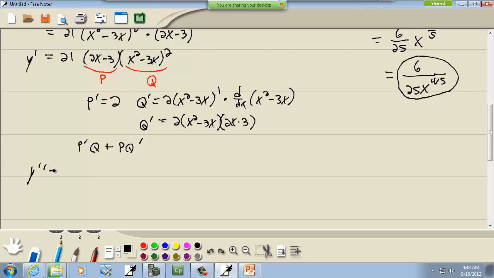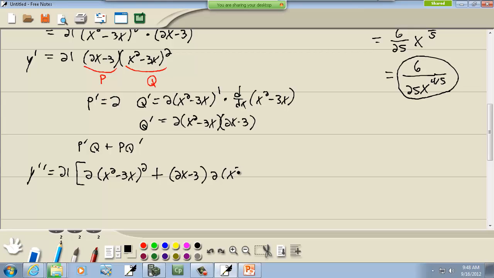So for our second derivative, the 21 just stays out in front, and it's going to be multiplied times everything, so I'll put a bracket. P prime is 2. Q is x squared minus 3x, squared, plus P. P was 2x minus 3, and Q prime is all this.